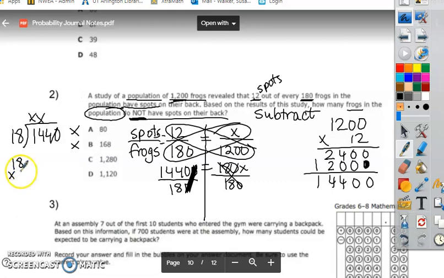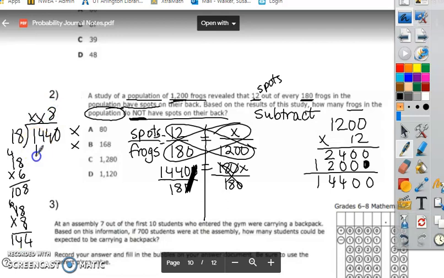I'm going to guess that I don't know. 48, carry the 4. 6 plus 4, 10, definitely bigger. Let's try 18 times 8. 64. 8 plus 6, ooh, perfect.